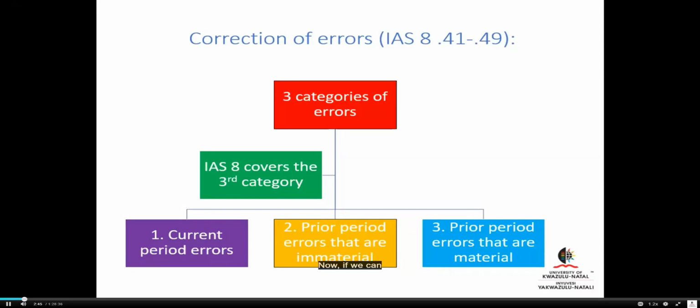Now, if we can recall from the previous time, there was an emphasis that we made on changes in estimates. I would like some brief interaction to recall the key principle that we highlighted on changes in estimate. Can someone reflect on what we said about changes in estimate? In which accounting period do we adjust changes in estimates?